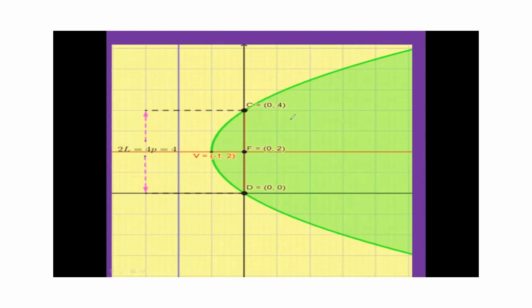This is the graph of this parabola. The focus is 0, 2. The vertex is minus 1, 2. And the latus rectum is 4p, which is 4. The distance from this point to this point is called the latus rectum. The latus rectum is a line passing through the focus of a parabola.